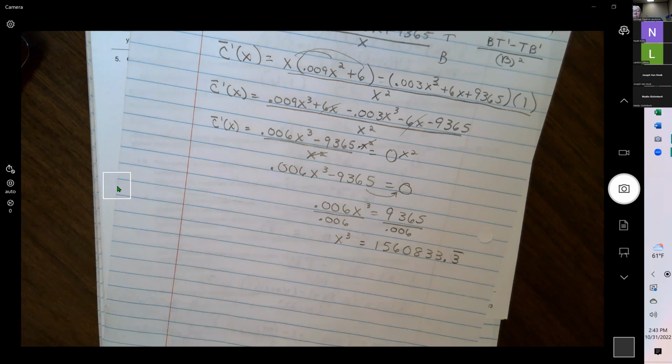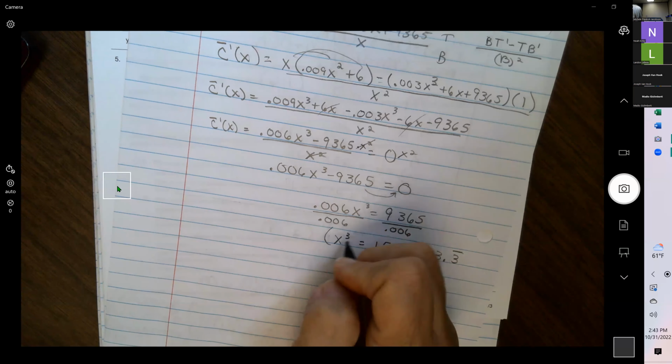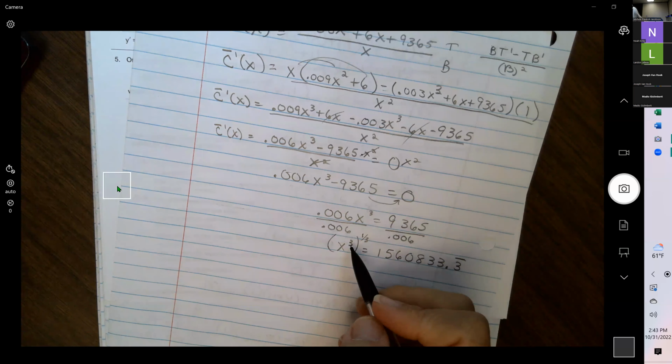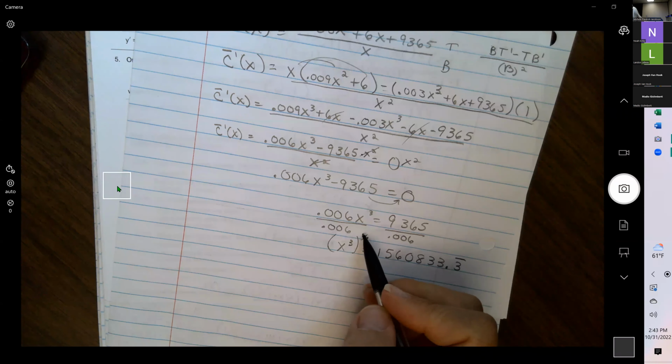Anyone? If we have a squared, we take a square root. A cubed, you can take a cubed root if your calculator has it. But if it doesn't, you take it to its reciprocal. Because if we take 3 times 1/3, it's 3/3 or just 1.